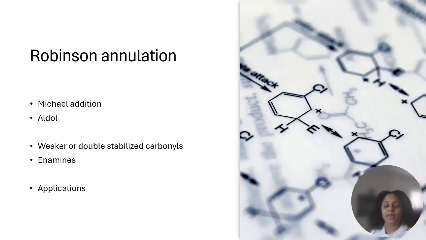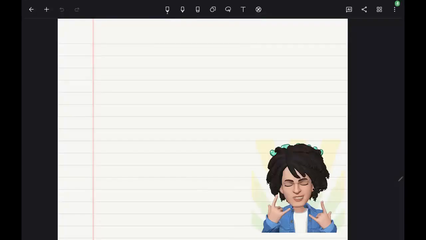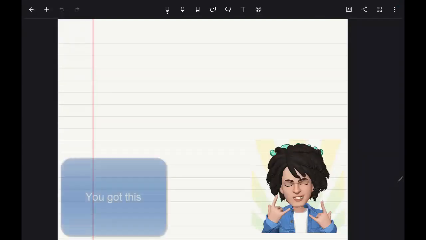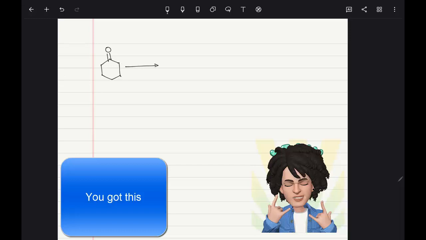So let's jump back into going over the mechanism. Let's draw the mechanism, but what I want to do is focus on something that we practiced in class, but I want to revisit, is that when we do the Robinson annulation, we want to use these weaker nucleophiles to attack at the beta position on the alpha-beta unsaturated carbonyls.